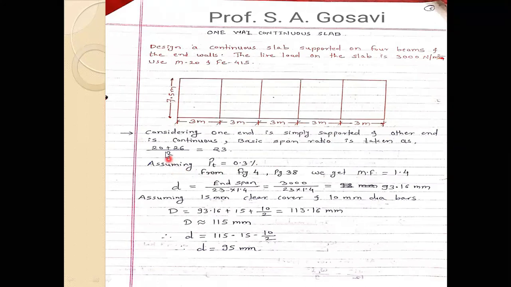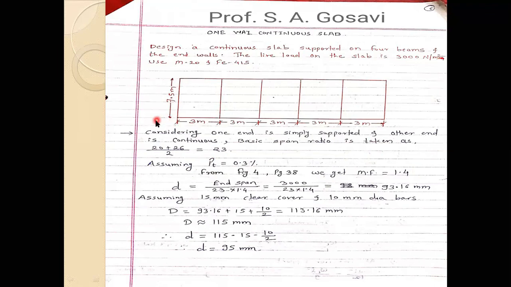So now, considering one end is simply supported and the other end is continuous, the span to depth basic ratio is (20 + 26) by 2, which is equal to 23. Are you getting my point? I think most of you are not getting how this condition comes. I will tell you. Now, if I consider this panel, just imagine this panel.